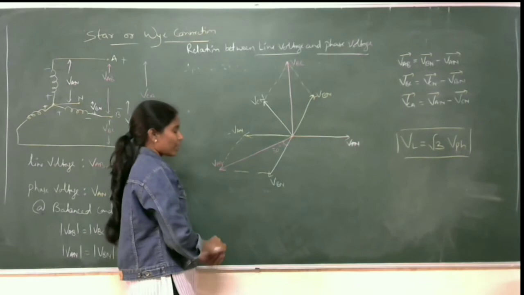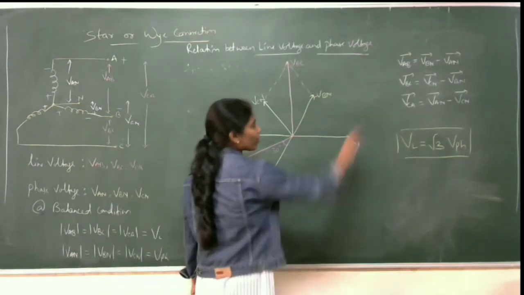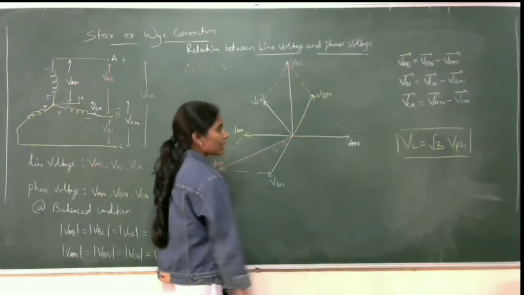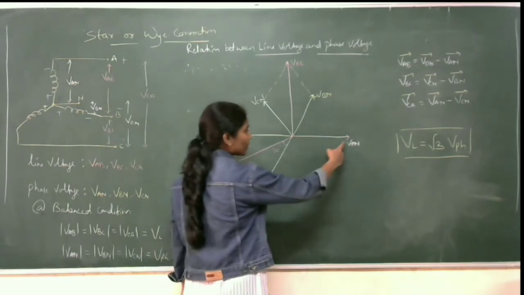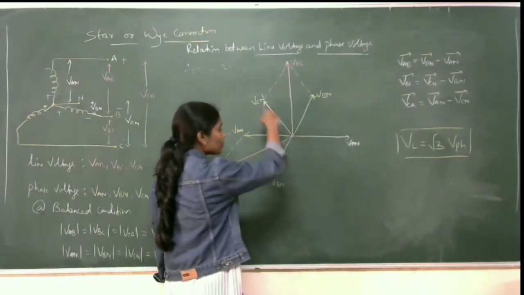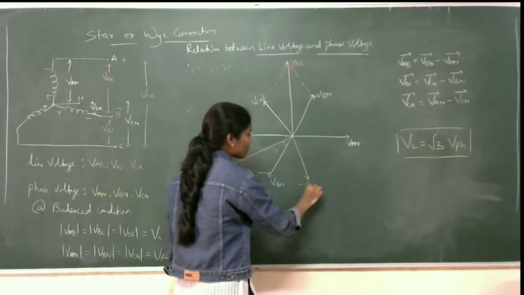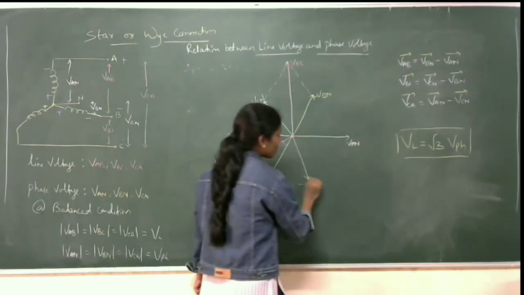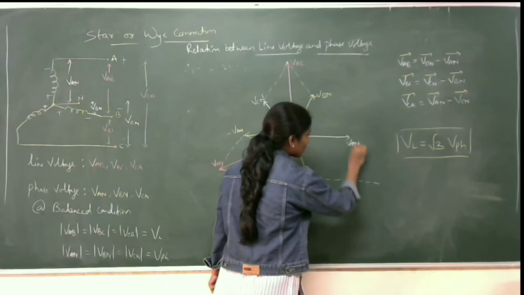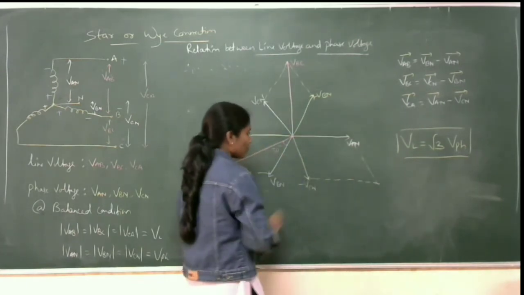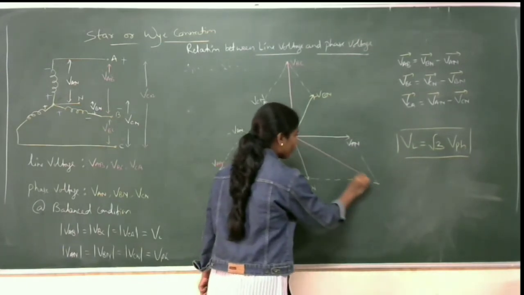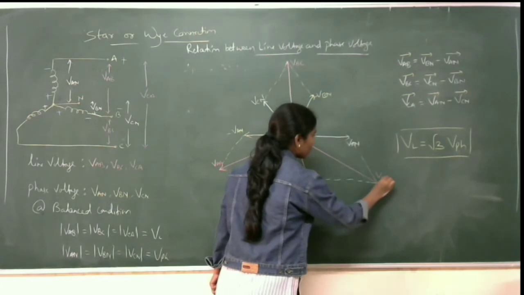Similarly, we can have the phasor diagram for the third equation also. That is VCA equals VCN minus VAN. So this is VAN, and minus of this will be taken like this. The resultant of these two can be taken as VCA.